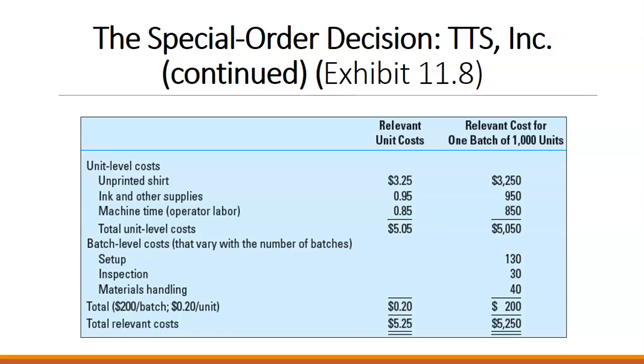So the relevant cost for one batch of 100,000 units is the unit level cost of $5.05 per unit and the batch level cost for setup, inspection, materials handling. So our total relevant costs are $5.25 per unit.